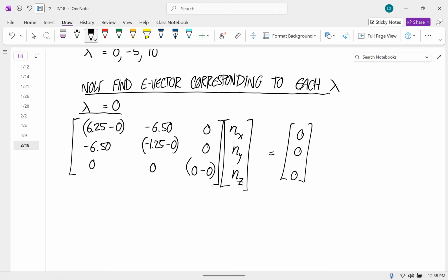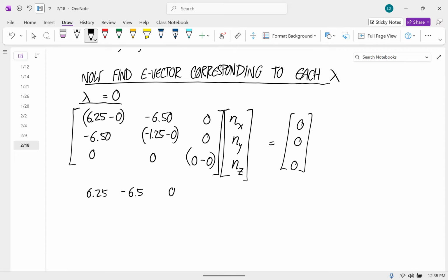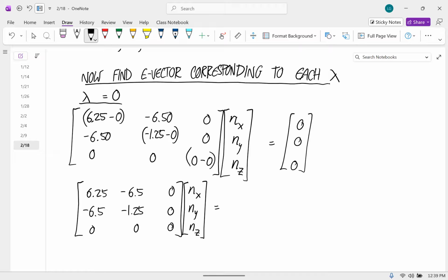Okay, so what does this look like now? So we have 6.25, negative 6.5, 0, negative 6.5, negative 1.25, 0, 0, 0, 0. And we're multiplying it by nx, ny, nz, and requiring that it comes out to be 0.